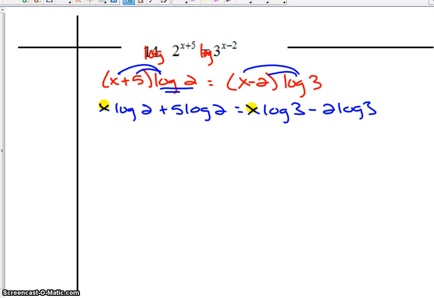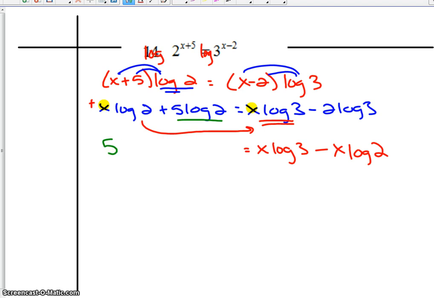So what I'm going to actually do is bring this x piece to this side. Yes, it'll make this one go from positive to negative, but at least I only have the one negative. So I have x log of 3. I'm going to start with that first. And then when I bring over the other one, it becomes minus x log 2. I'm going to bring my non-x stuff over here to the left side. So I have the 5 log 2 over here still, but now I'm going to bring this one over so it becomes a plus 2 log 3.